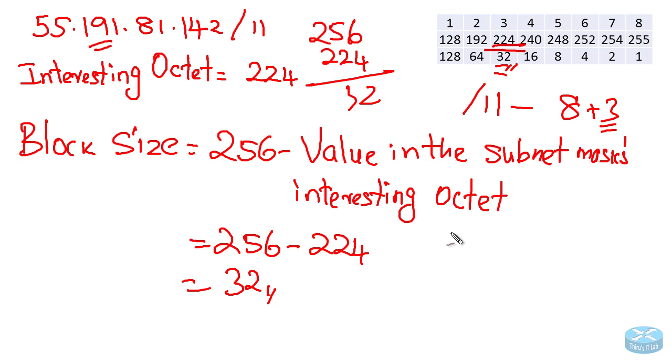Let's pretend it was a /17: 8 plus 8 plus 1. We would be interested in the third octet, where the subnet mask has a 1, and the block size would be 128.